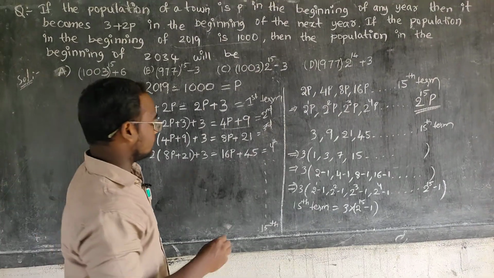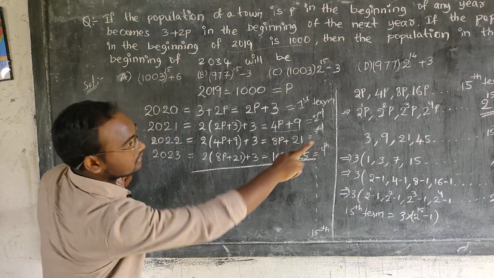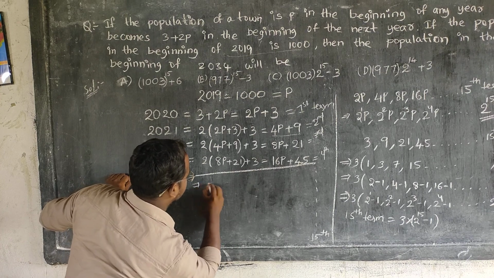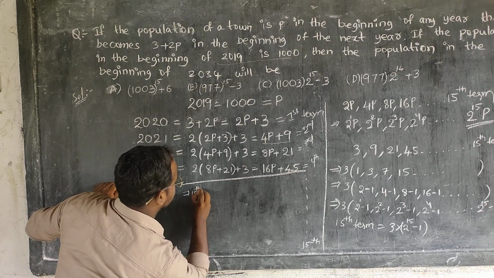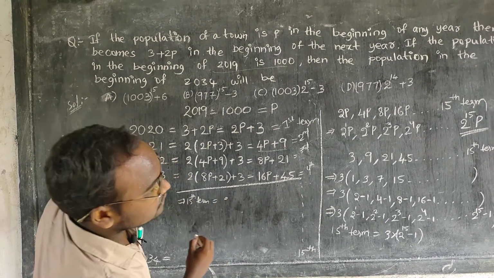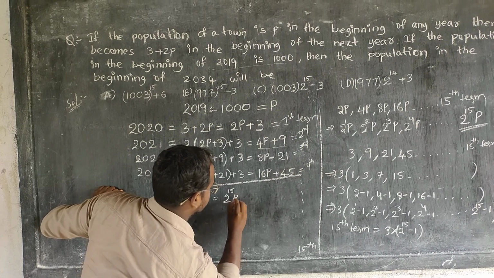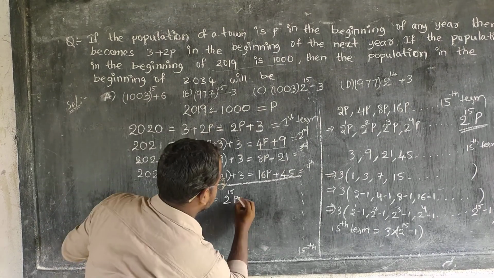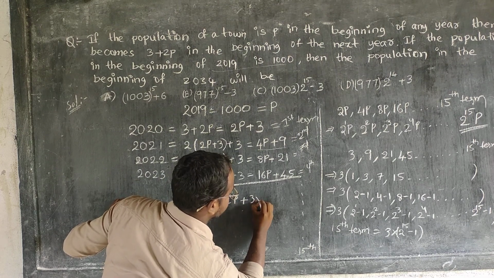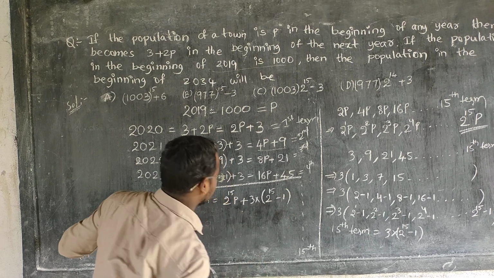Okay. Now I am adding, from the 15th term, 2 to the power of 15p plus 3 into 2 to the power of 15 minus 1. Okay.